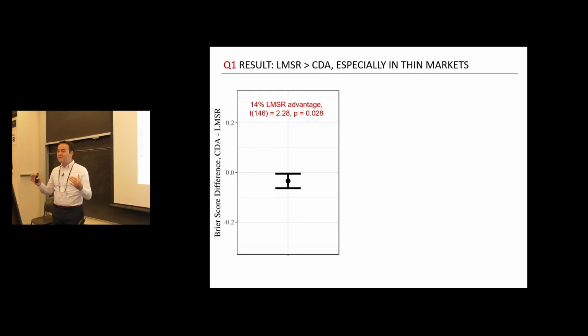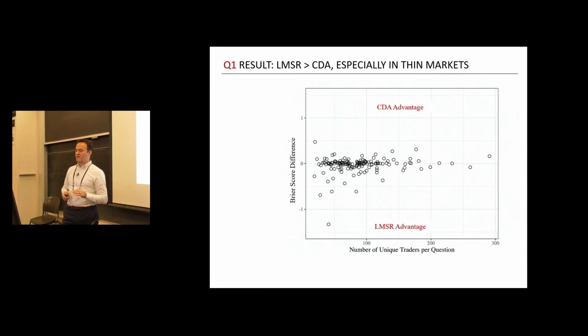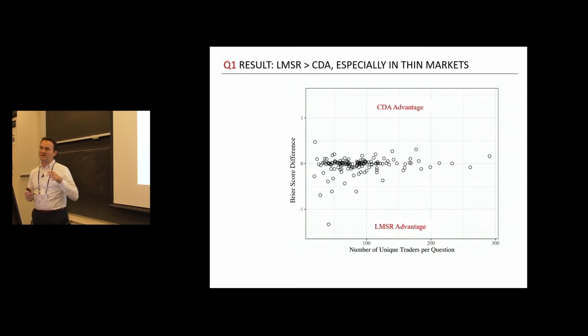So the main result is that the LMSR market significantly outperformed the CDA market, and that result was especially strong on questions where we had few unique traders per question. On questions where the CDA market attracted fewer traders, there was significant underperformance.